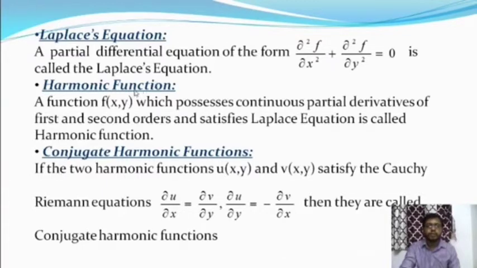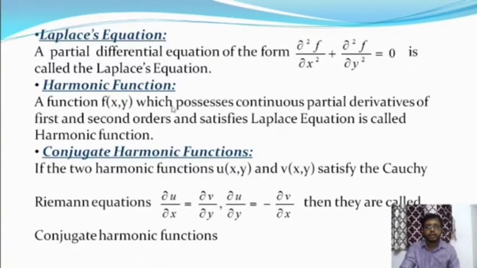So we are going to study the harmonic function. A harmonic function is basically a function f of x comma y which possesses continuous partial derivatives of first and second order and satisfies the Laplace equation.